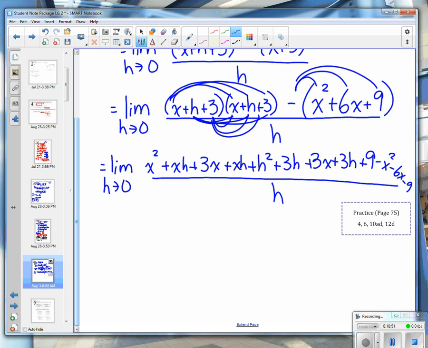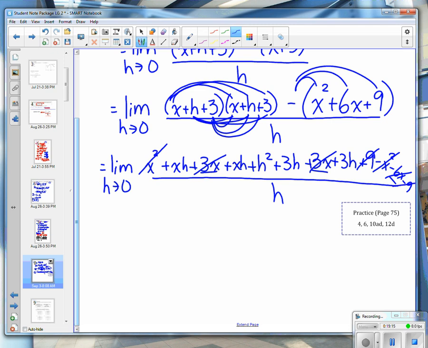And now this is the best part. We get to go through and simplify and see what's going to cancel, what we're going to be left with. So I've got x squared and x squared are going to cancel. I've got 3x plus 3x minus 6x, so those are going to cancel. I've got a plus 9 and a minus 9, so those are going to cancel.